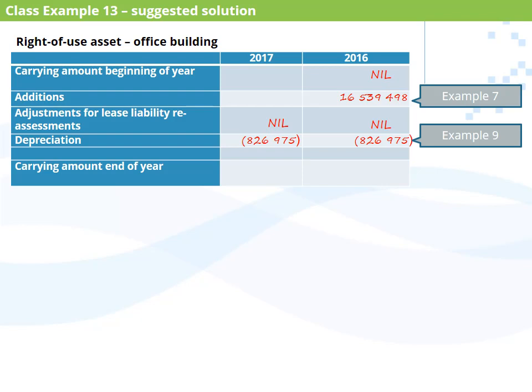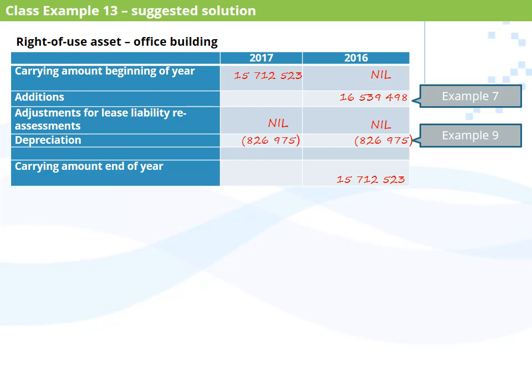That left us in 2016 with a carrying amount on the right of use asset of 15,712,523. Now that is the amount that will appear on the face of the statement of financial position, and also is the amount that starts off as the carrying amount at the beginning of the year of 2017.